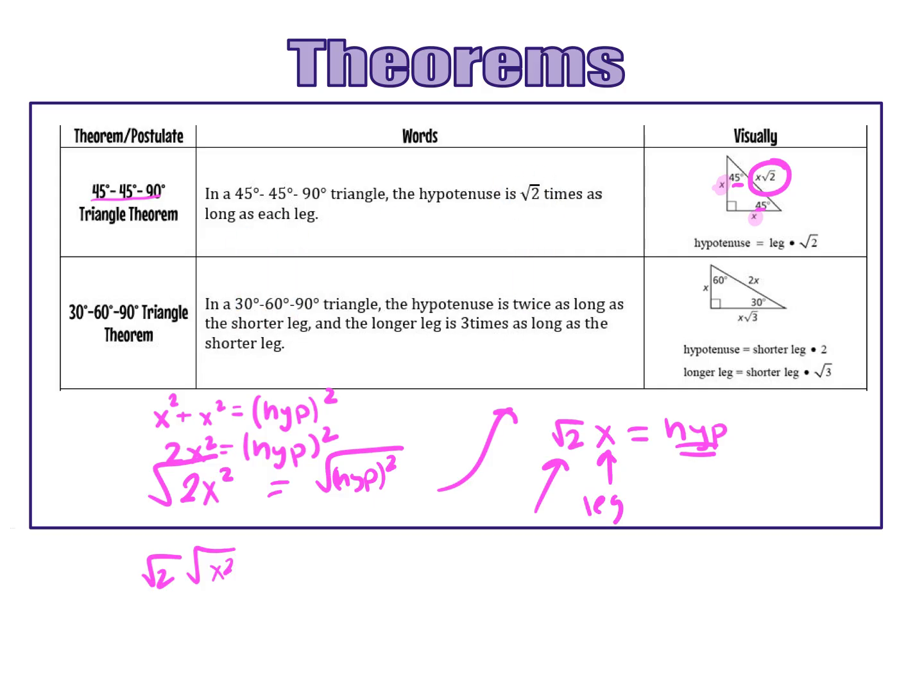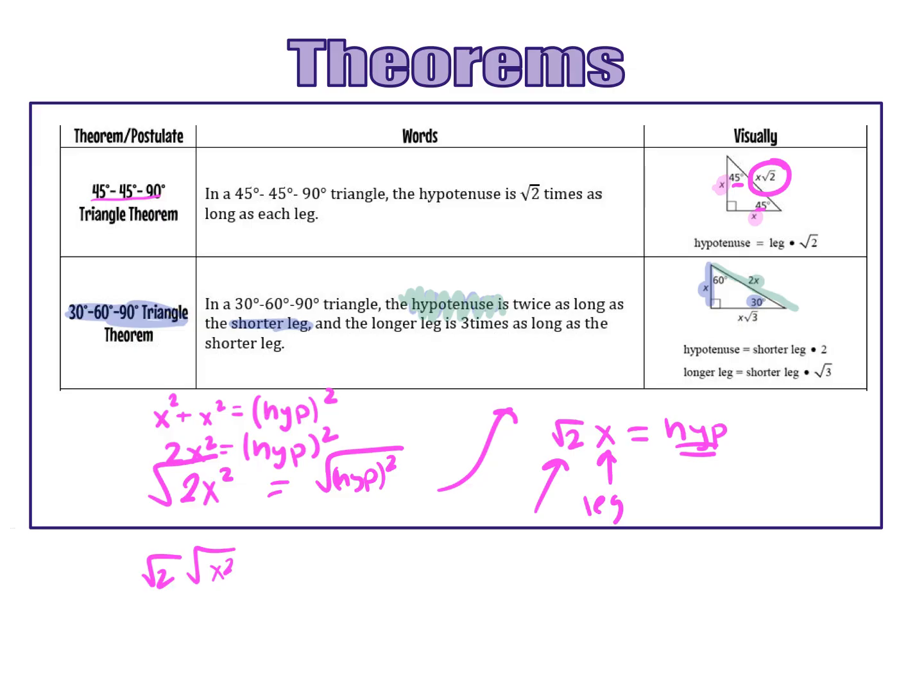The second triangle theorem in this lesson has to do with 30, 60, 90 triangles. And what it says is in a 30, 60, 90 triangle, the hypotenuse is twice as long as the shorter leg. And remember that shorter leg will always be across from the 30-degree angle, or opposite the 30-degree angle.